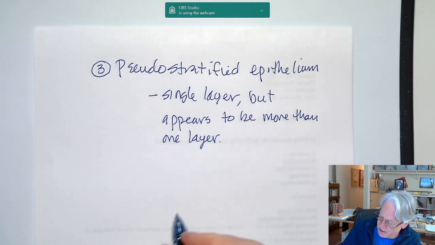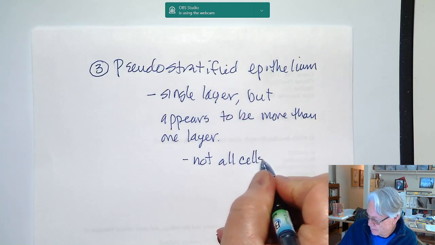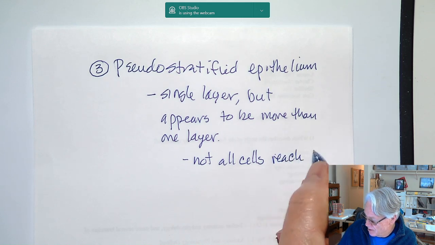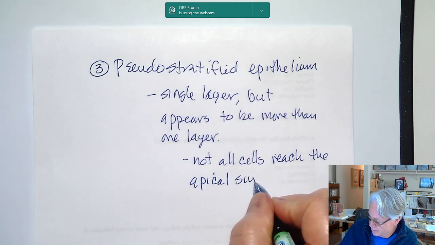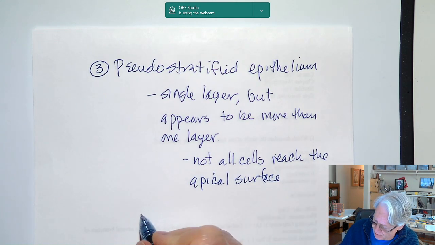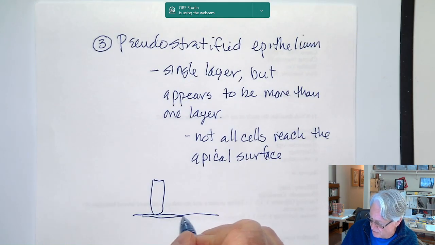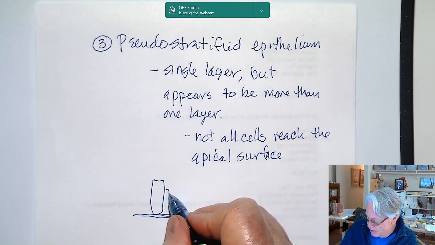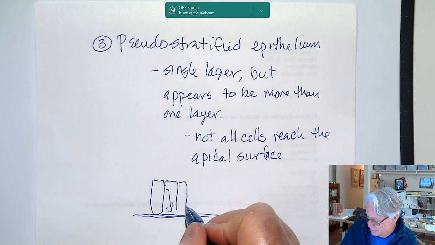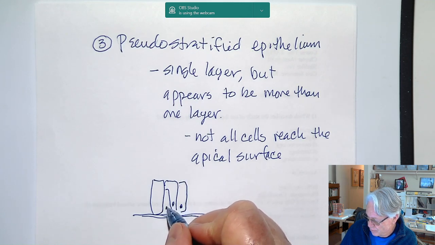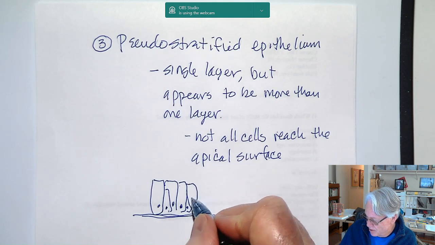And that is because not all cells reach the apical surface. So if you were doing a little sketch, this is my basement membrane here, you would have cells that are actually short of and don't reach the apical layer. And you would see something like this.